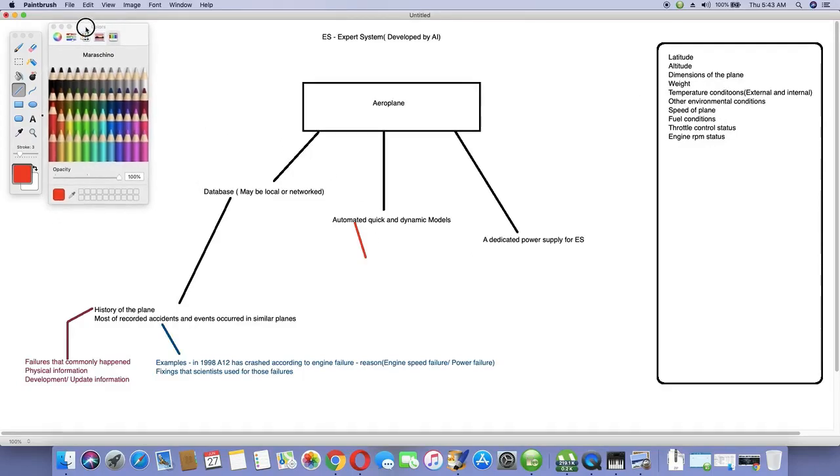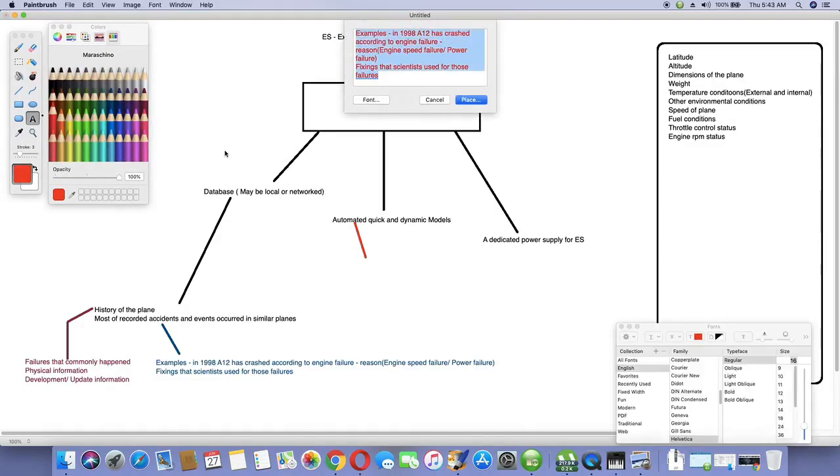Now we can think of such a current condition: an A33 plane is going to crash.